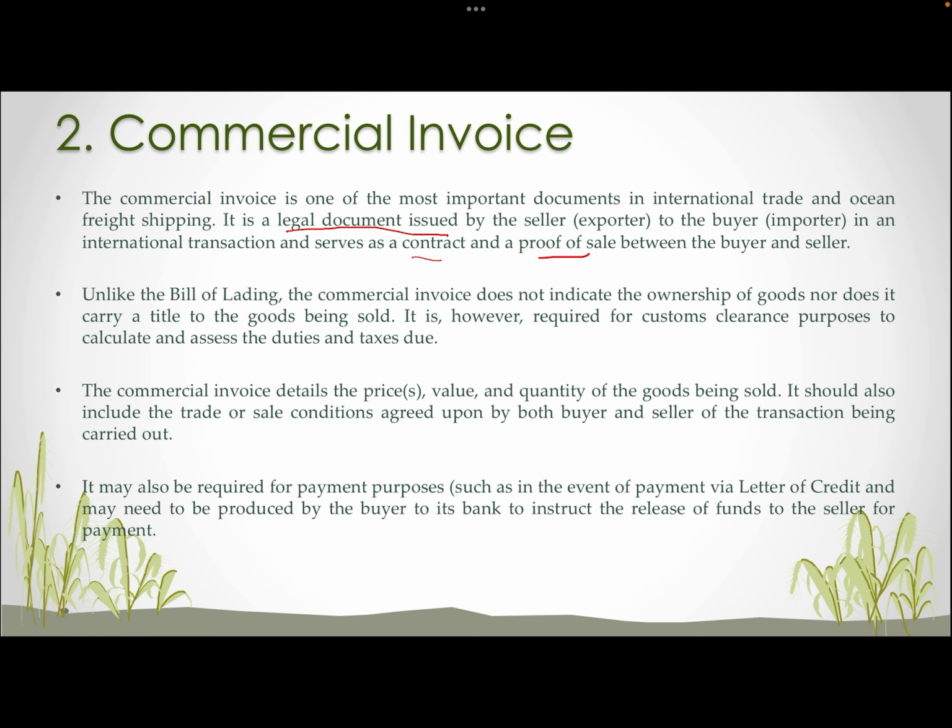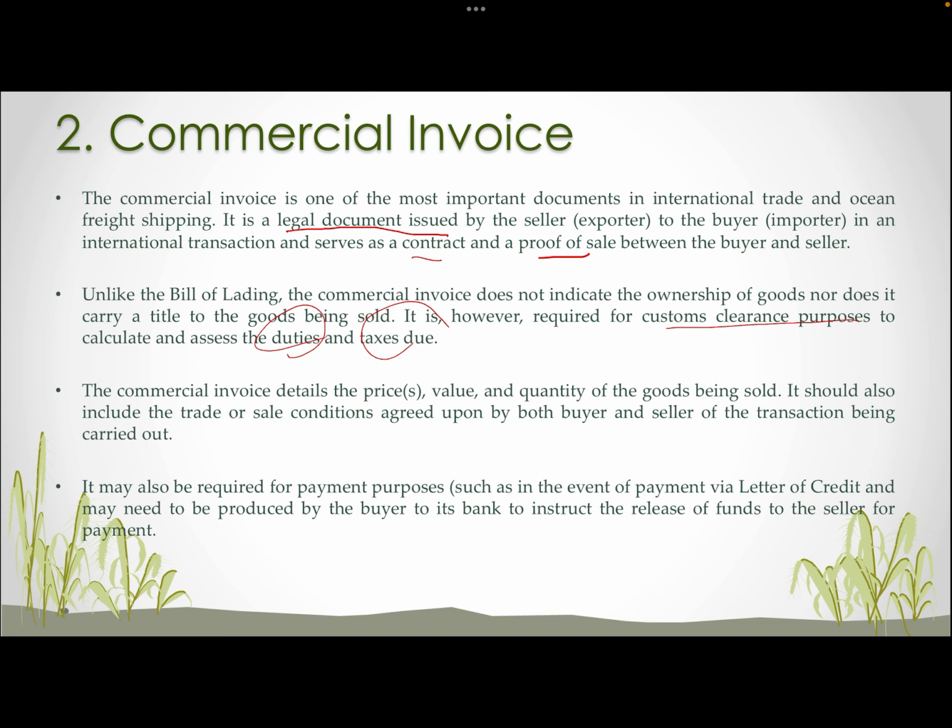Okay, it is not similar to bill of lading. The commercial invoice does not indicate the ownership of goods, nor does it carry the title of the goods being sold. It is, however, required for customs clearance purposes to calculate and assess the duties and tax due.